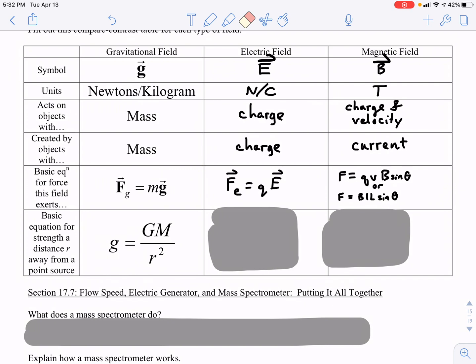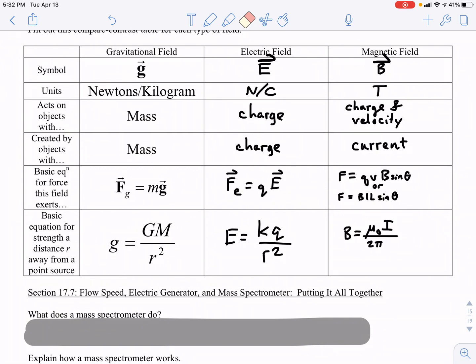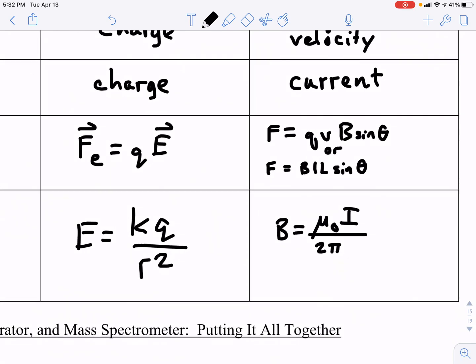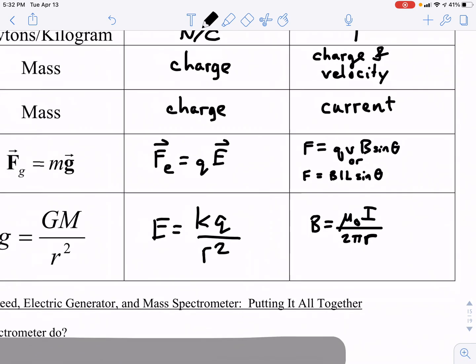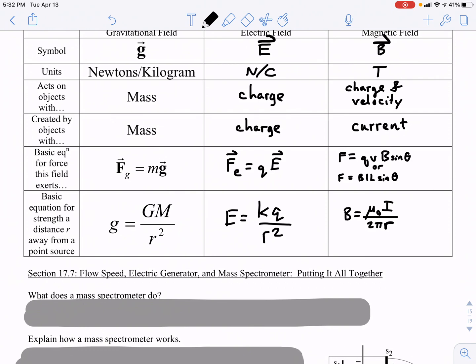The basic equation for the strength of the gravitational field is g equals big G times m divided by r squared, very analogous to E equals kq over r squared, and B equals mu naught times the current over 2 pi r.